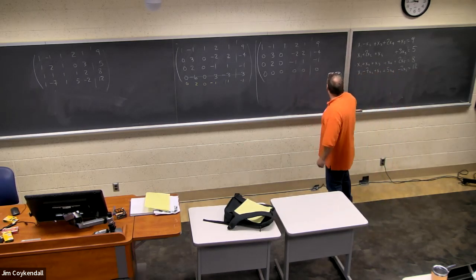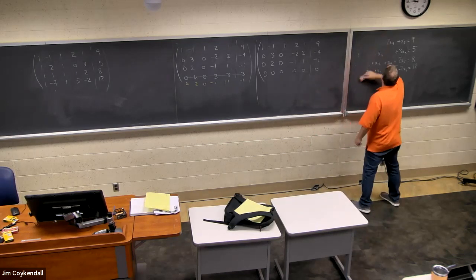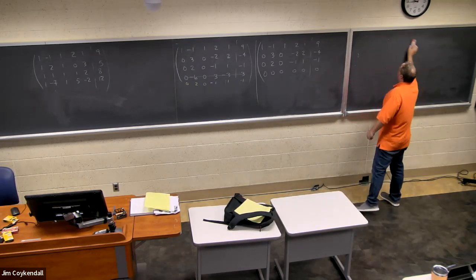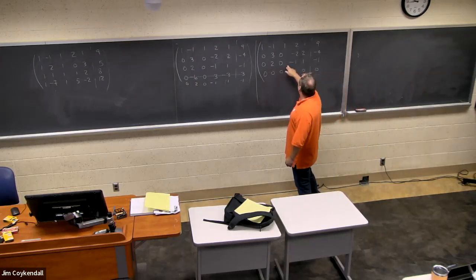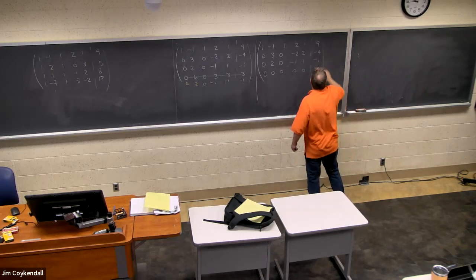Now, I will do something here to make my life easier. Because of the similarity in the shared zeros, I'm going to multiply this row by -2 and add it here.